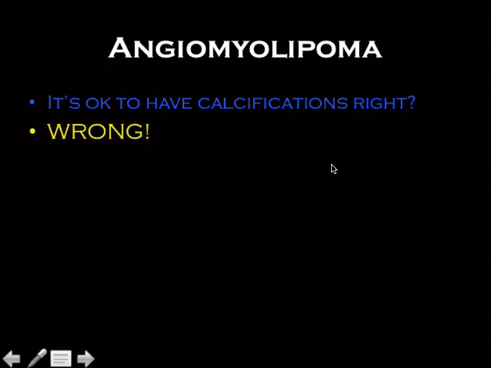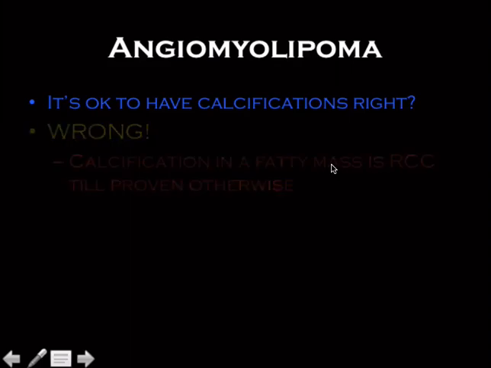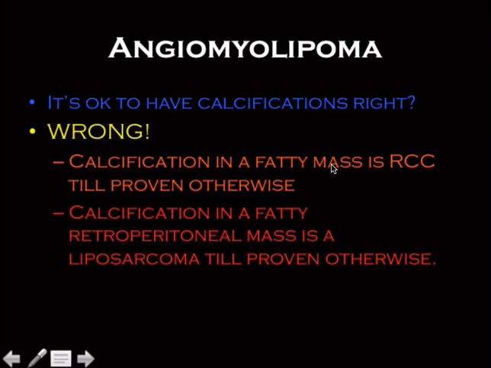If you see calcifications in a fat-containing mass anywhere near the kidney, it's a cancer. If it's coming out of the kidney, it's an RCC. If it's not coming out of the kidney, it's a liposarc. Any fat-containing retroperitoneal mass, by the way, that's not attached to a kidney is a liposarc until proven otherwise. Calcification just makes it that much more obvious.